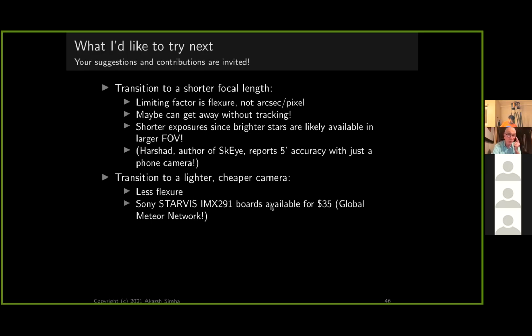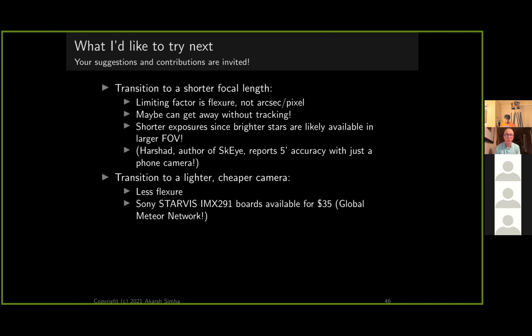And another great thing is you probably use ZWO ASI 290 cameras for imaging, some of you. The same sensor that's in those, probably a lower quality run or lower quality electronics and stuff, the same IMX 290 or 291 sensors that are in those cameras are available for $35 on Alibaba or whatever.